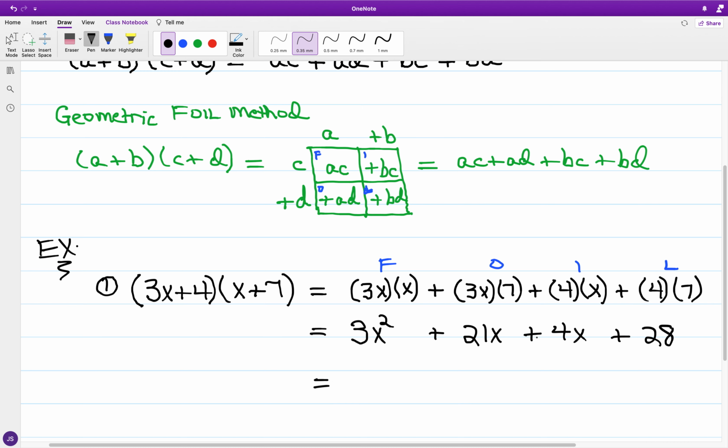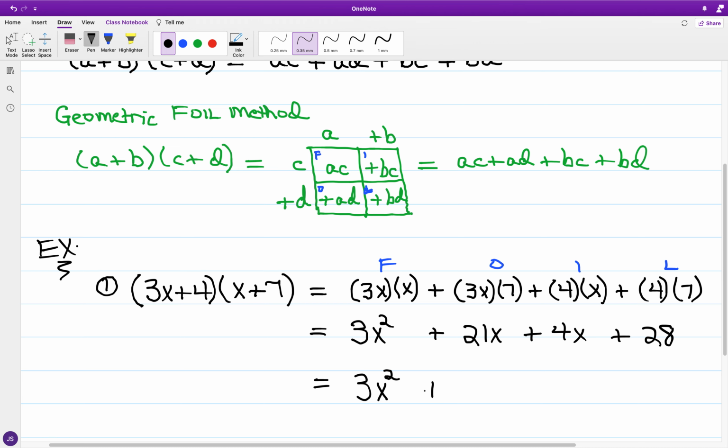So we have 4 terms right now, but the terms in the middle can be combined. For 3x squared, that is the only term that is going to be second degree in the variable x. Now 21x and 4x have the same letter and the same degree. Both of these are first order in x.